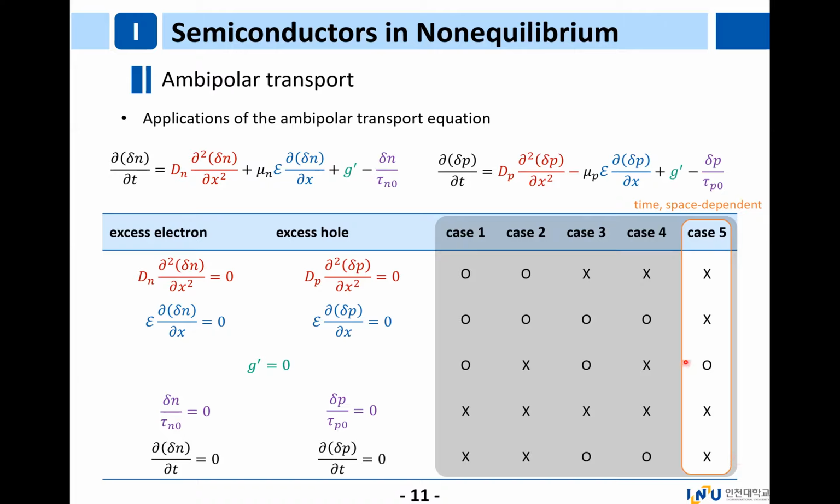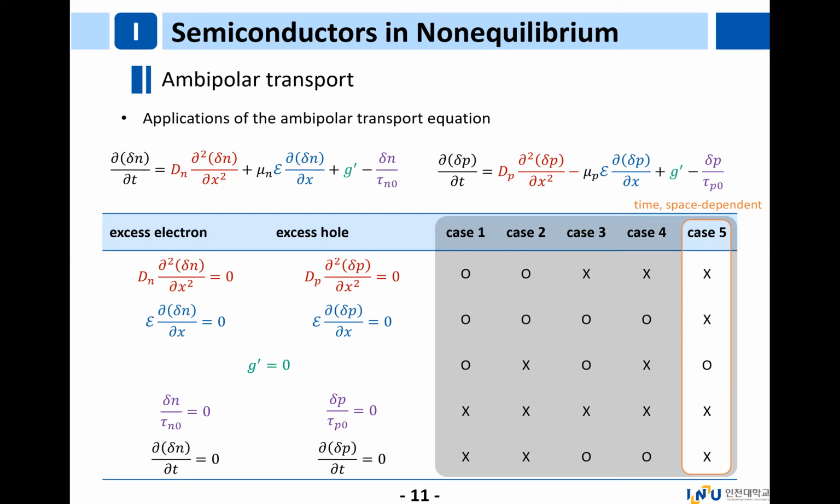Only the generation term was absent in this case. Despite the complexity of the ambipolar transport equation, by selectively removing terms based on the condition of each scenario, we are able to obtain relatively simple solutions.